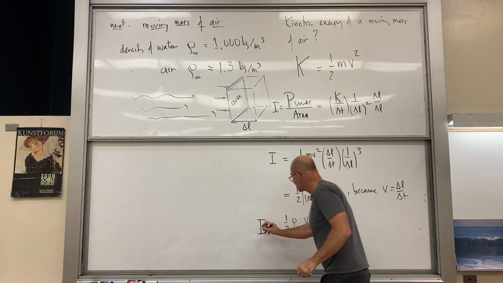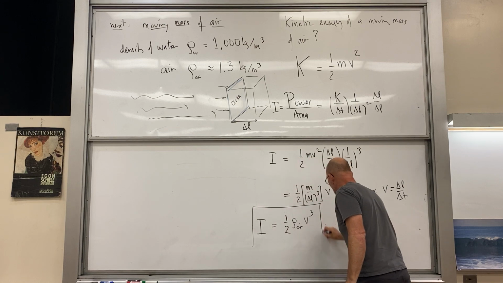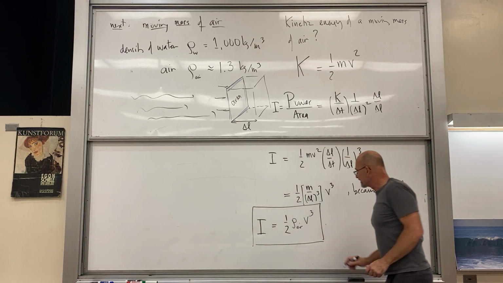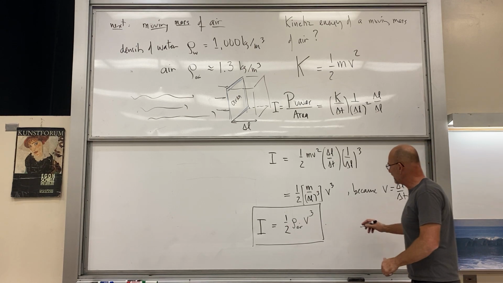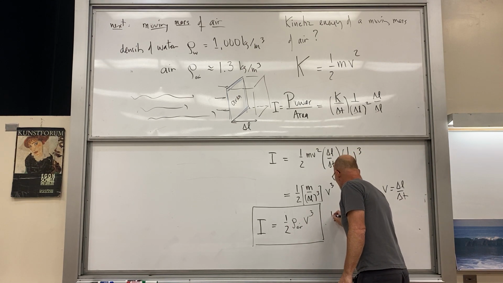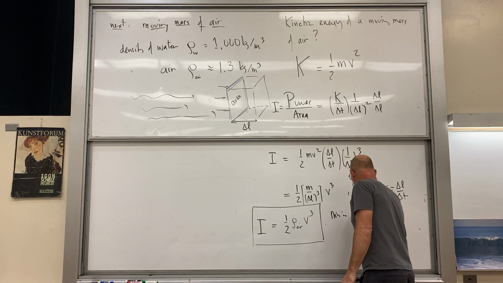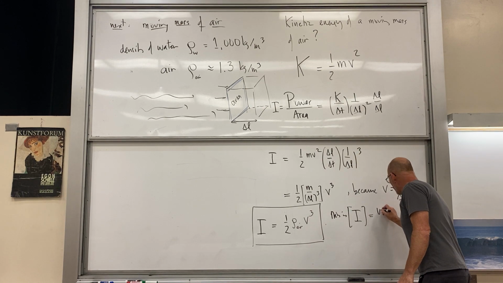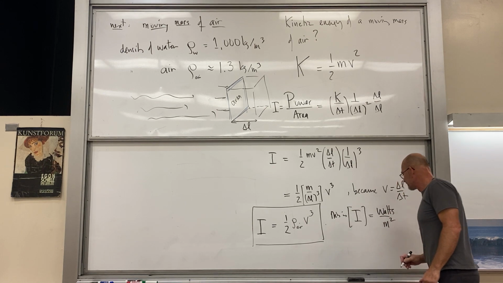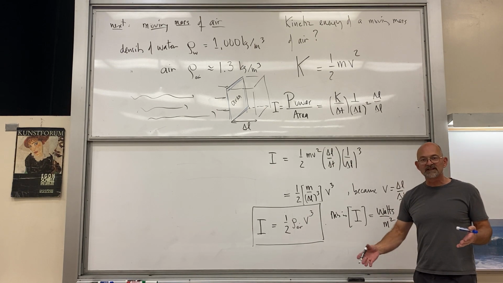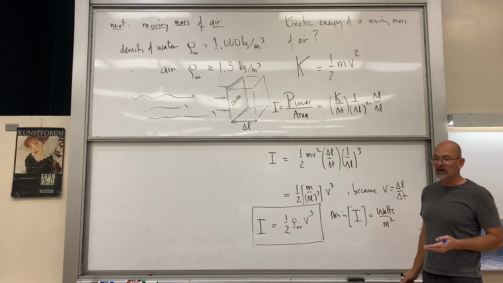So let's inspect this and see what we can do with it. Okay. The intensity, with the units watts per square meter. And remember, the solar constant had the units watts per square meter.